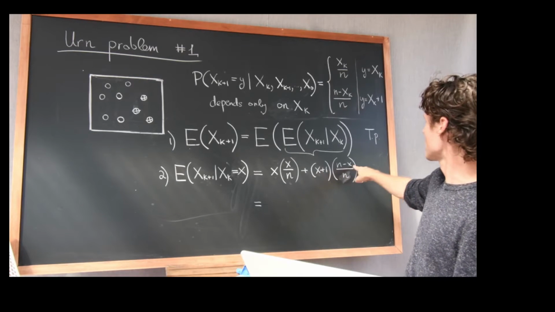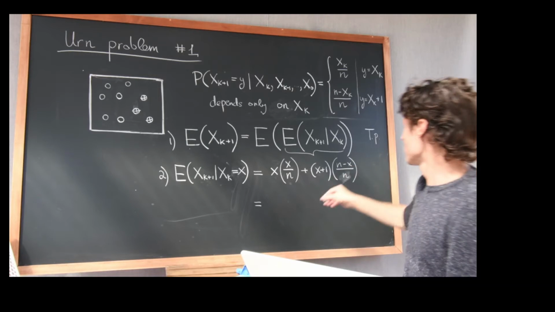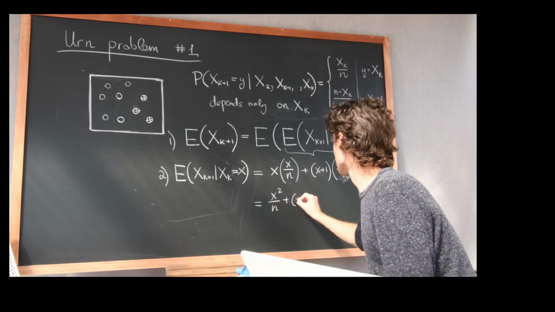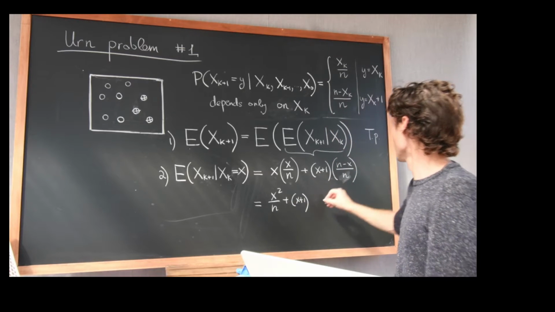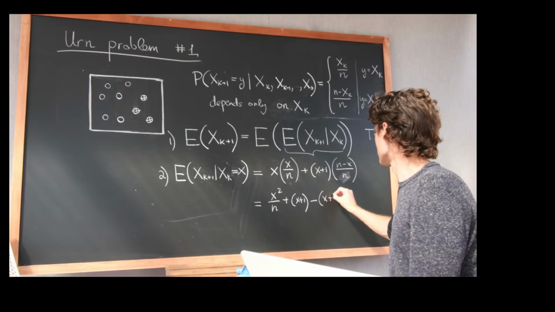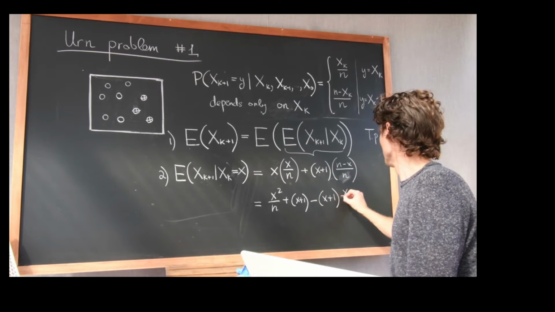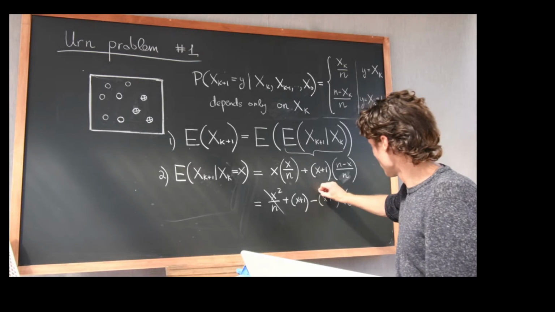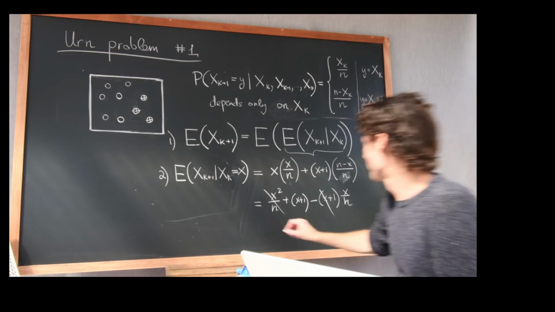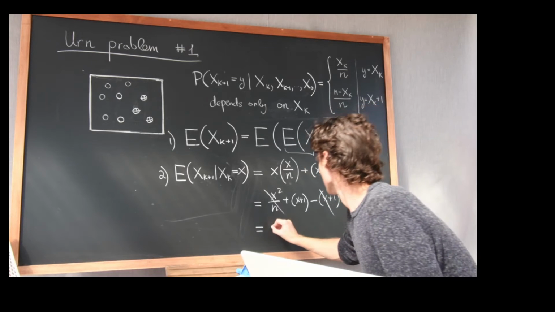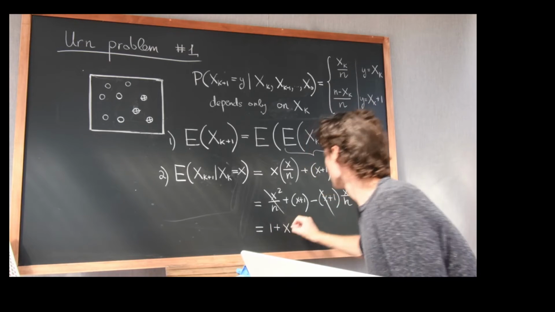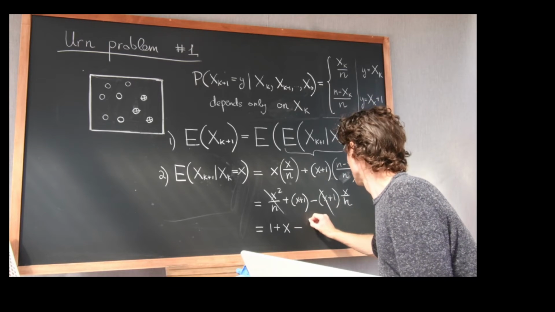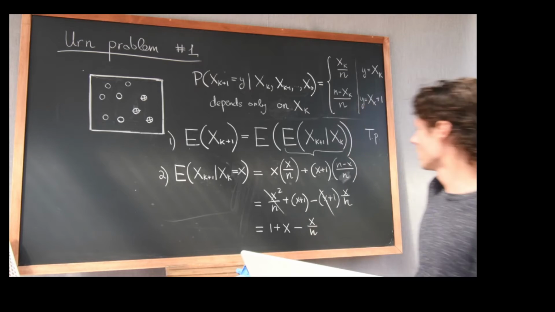So far it looks like there's an x squared over n plus an x plus 1, that's this part, minus an x plus 1 times x over n. So now I see that this cancels with this. And eventually I'm going to get 1 plus x, that's this part right here, and this one is going to give me a minus x over n, it seems.